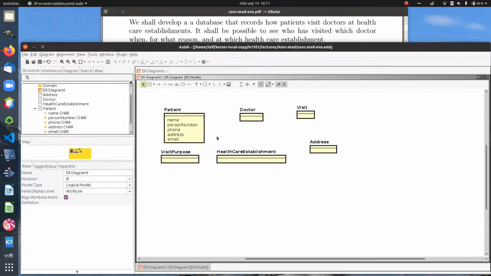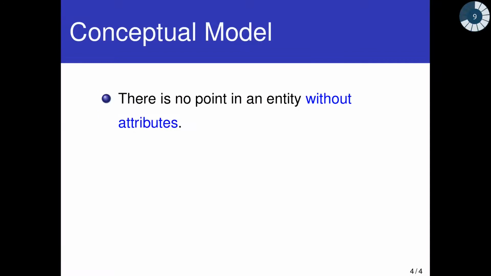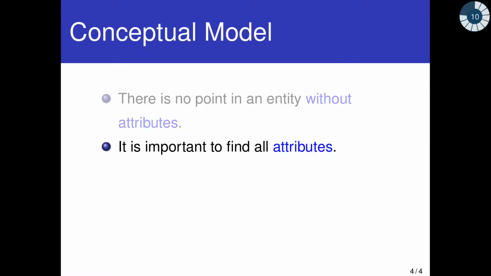Okay, now we are finding attributes, but now we have to view things that are a bit different for a conceptual model. It is important to find all attributes. Okay, we don't know without talking with the customer. Let's say we found them all in order to keep the video brief, if nothing else.